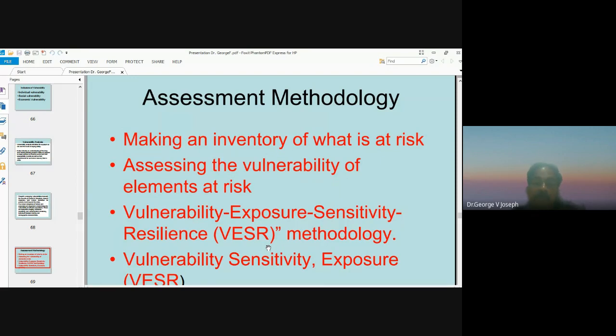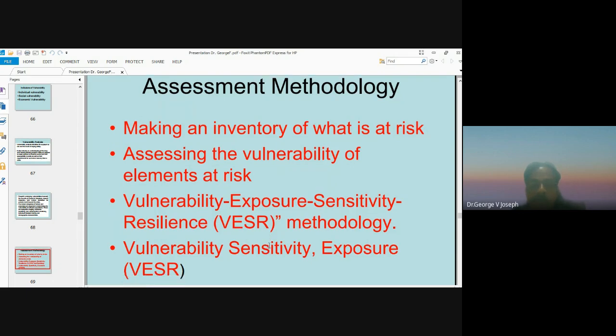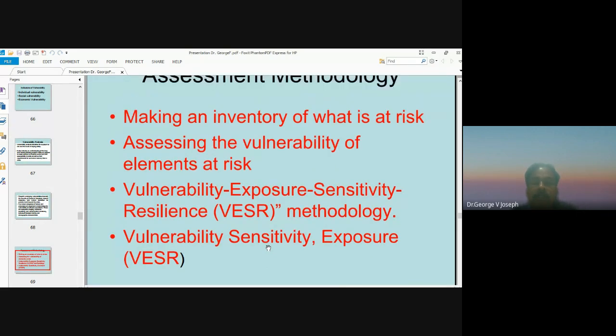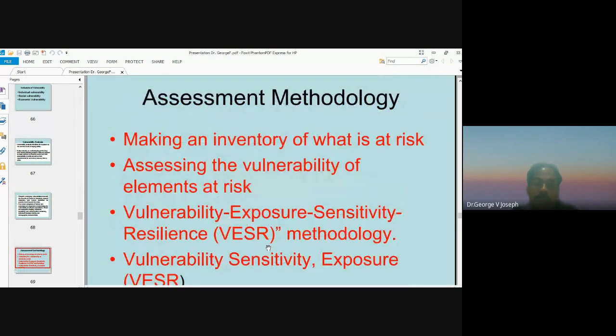That also needs to be assessed. If people are experienced and they have teams and systems, they may be more resilient. In other cases it is not so, so that needs to be analyzed. Vulnerability, sensitivity, and exposure analysis: how sensitive they are, how many people are exposed. Models can also be used for assessing these vulnerabilities.